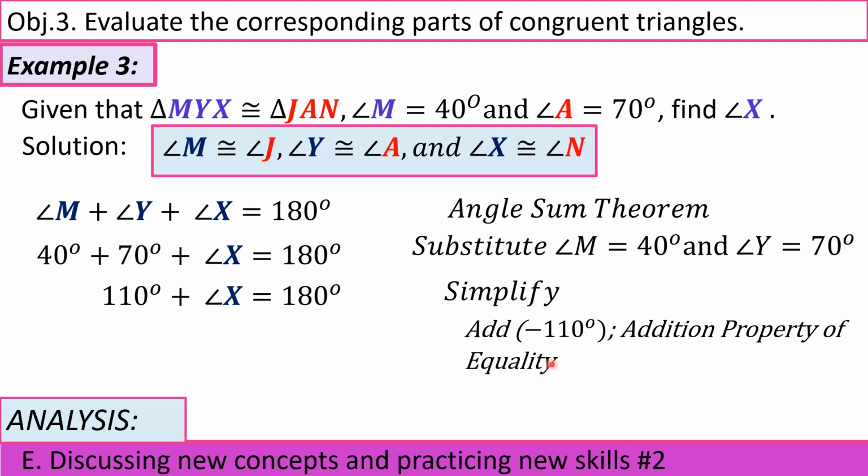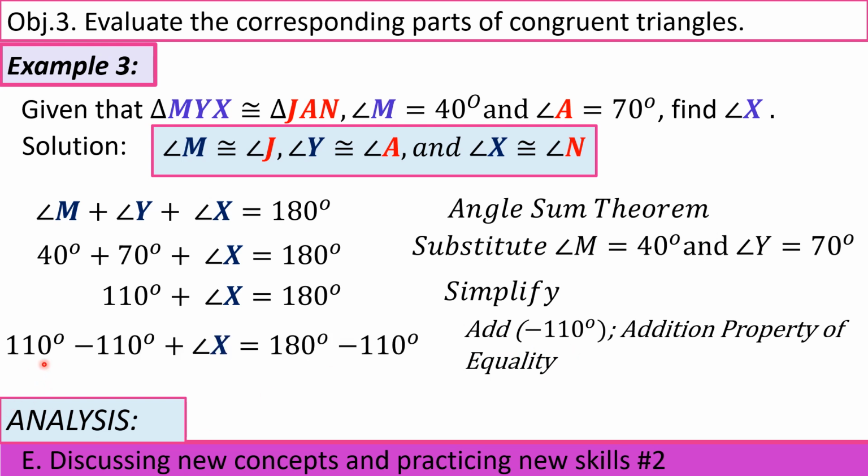So, applying the addition property of equality, we have here positive 110 degrees. So, para mawala po siya, we are going to add its additive inverse. So, that is negative 110 degrees.